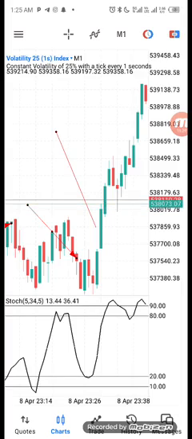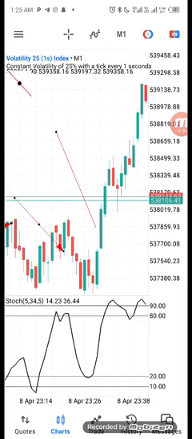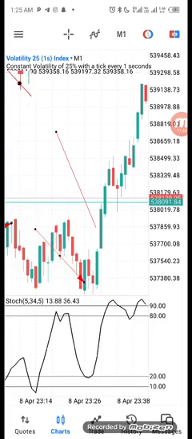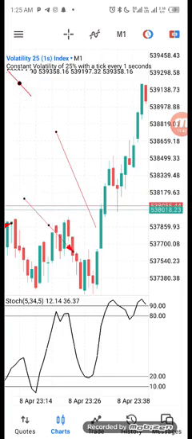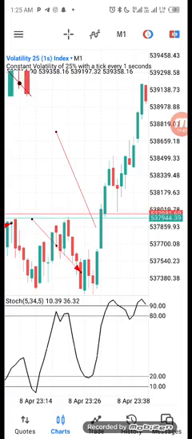Here we have our bullish engulfing pattern. Now we have four consecutive bearish candles, and we also have our bullish engulfing pattern.